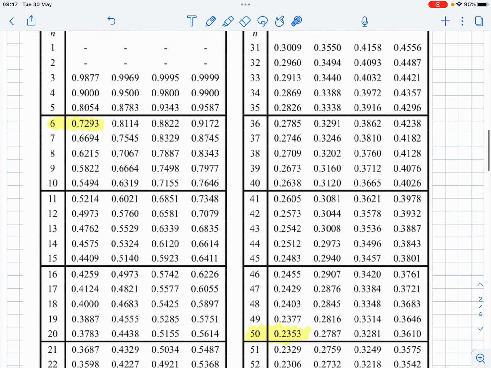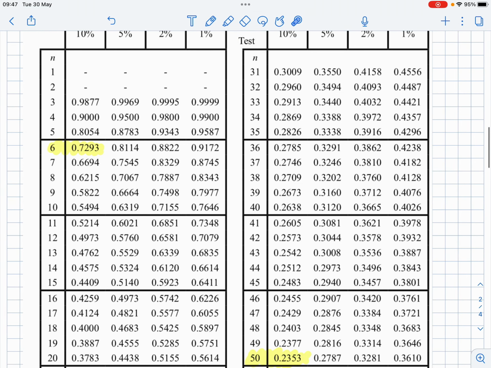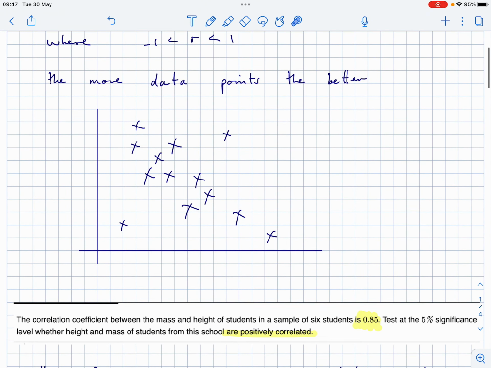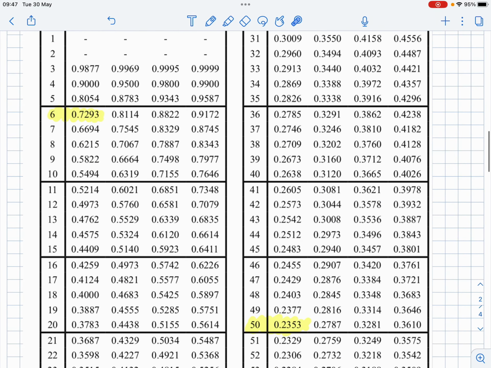And if we look at the table, can you see that as you've got more pieces of scatter, the bar is lower and lower, which is akin to what I was saying at the beginning. As I increase the amount of scatter, it becomes more and more obvious what the trend of the data is. When there isn't very much data, I've got to be a lot more certain. The grouping of the scatter's got to be a much better fit for the correlation, or closer to a line of best fit. Okay?